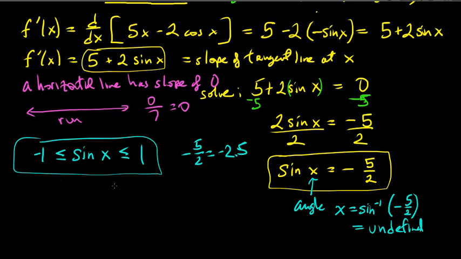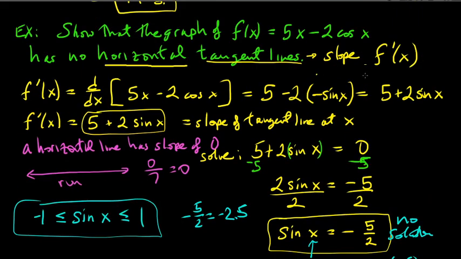So sine of x does not equal negative 5 over 2 for any x. In other words, this equation has no solution, which means the original equation, this equals 0, has no solution.